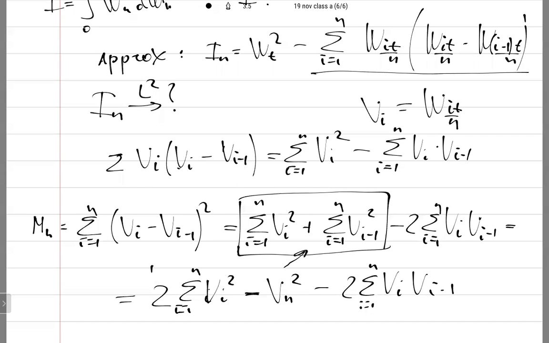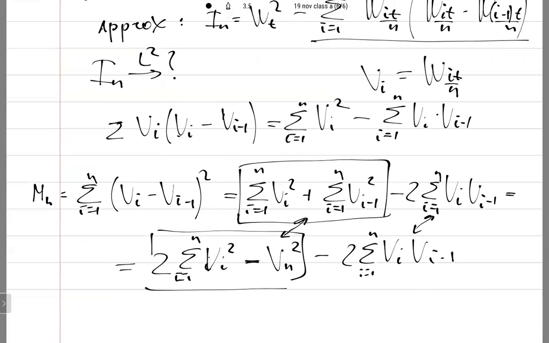Once again, this is this difference, and this is the subtracted term. But if we wrote 2 multiplied by the sum of Vi minus 1 squared, we would add... yes, you are completely right.